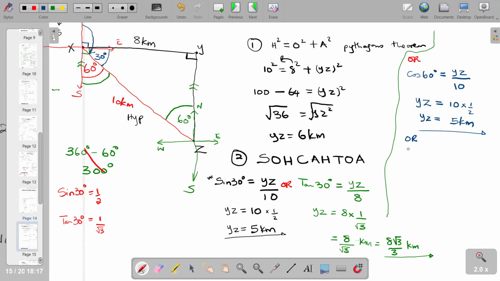Take note here: we said this is 1, it was possible that we use 2, it was possible that we use 3, cos 60, which we said is equal to 1 over 2. And remember, these are special angles which we are supposed to know.